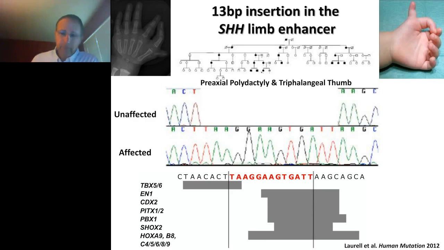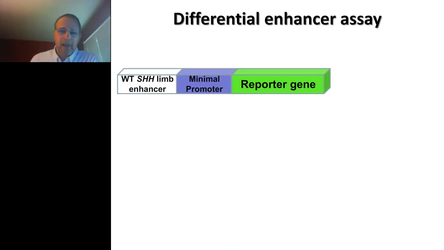And so the next step is to try to test this functionally. And the way we do this in the lab is we have this enhancer assay that we and a lot of other labs use, where we can clone, for example, the wild-type sonic hedgehog limb enhancer sequence here in front of a minimal promoter. A minimal promoter is like a light switch that's always off.